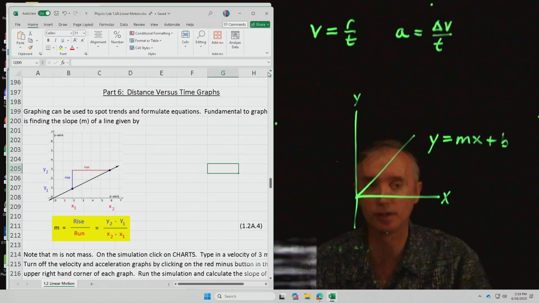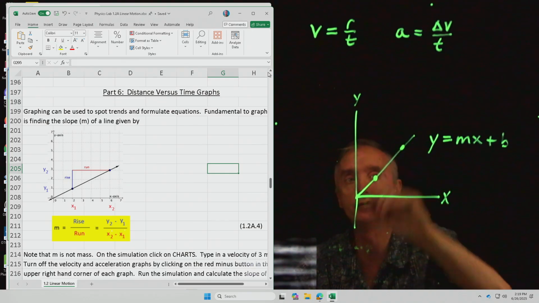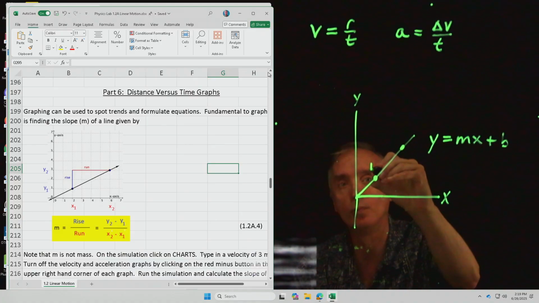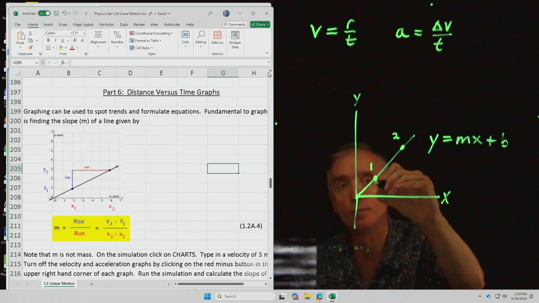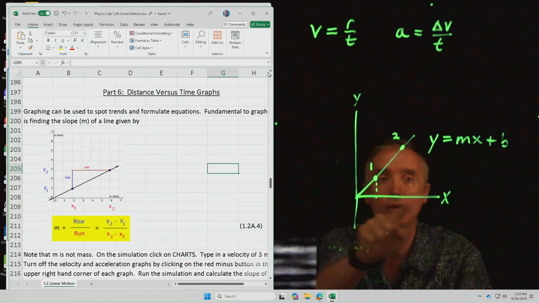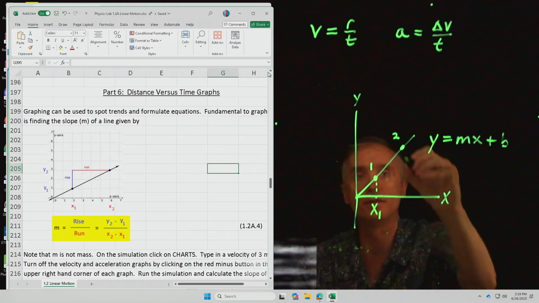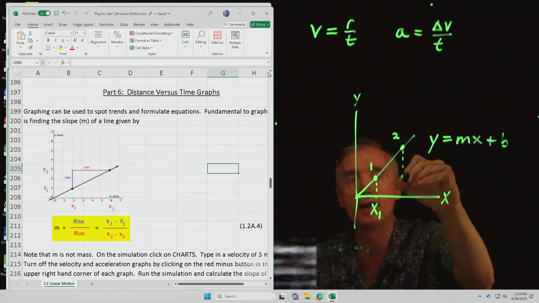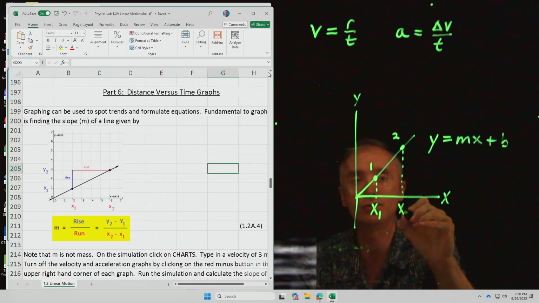So to calculate the slope of a line, we pick out 2 points on the line. So this is going to be point number 1, and then this is going to be point number 2. Point number 1 is going to have a value along the x-axis of x sub 1. And then this point here is going to have a value going sideways of x2.